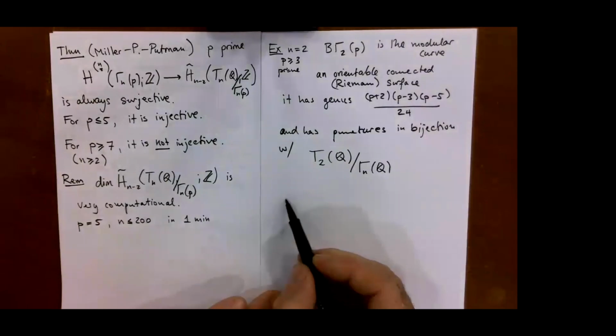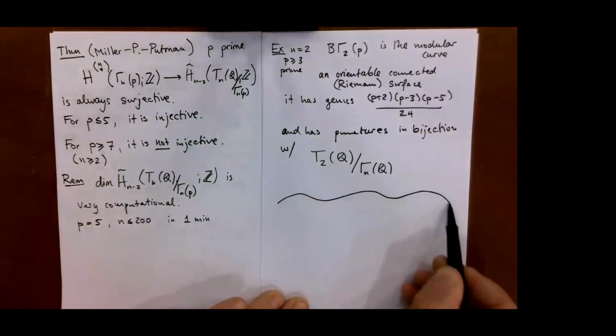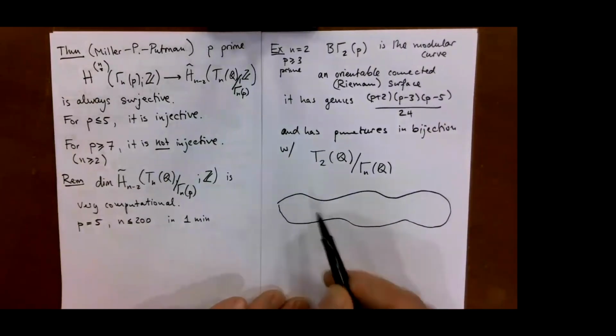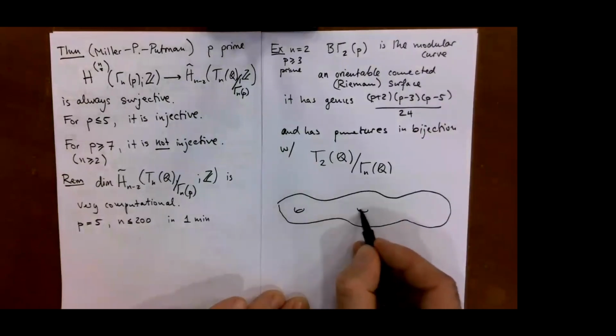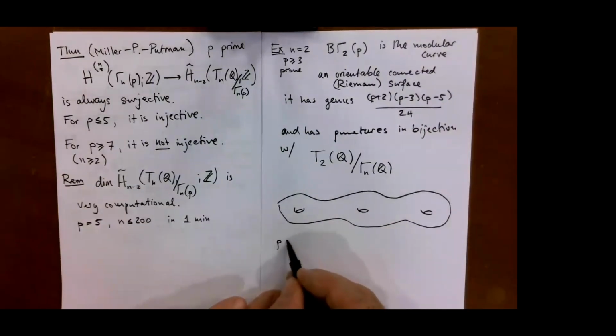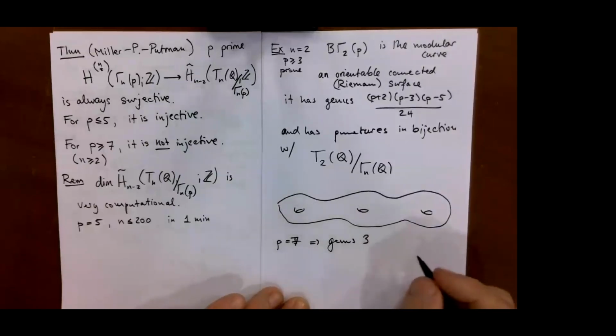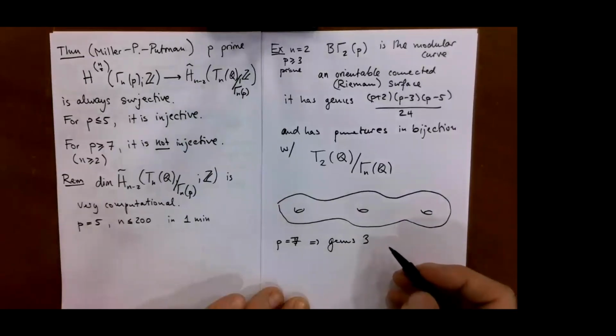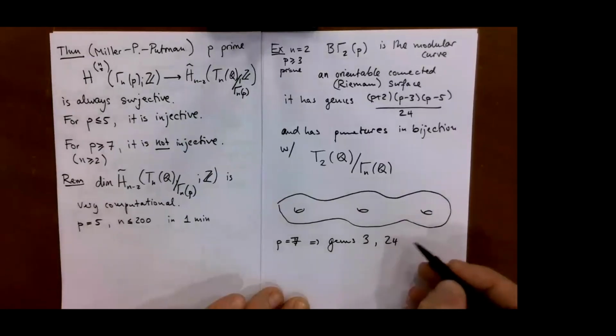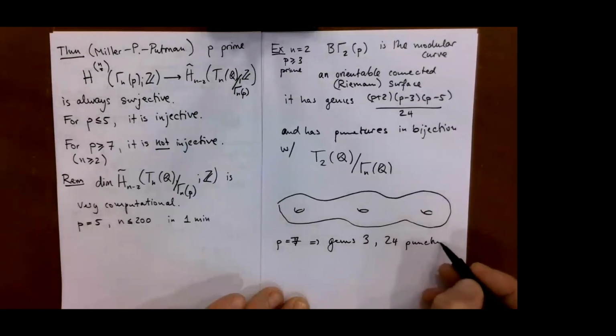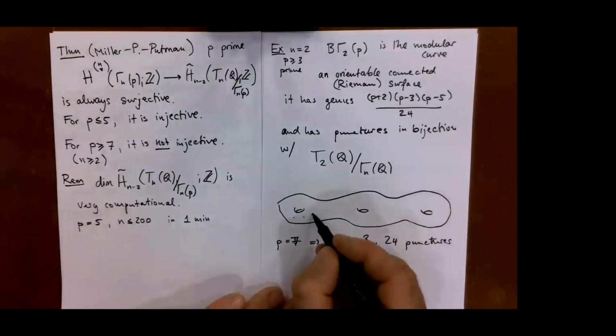So let me draw a picture. For p equals 7, this means genus 3. And I think 24 punctures, some number of punctures.